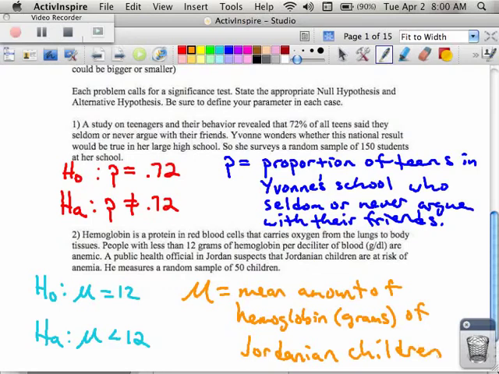So the null hypothesis is saying, hey, this is what they're saying. It's 12 grams, and we suspect that it might not be for these children, so we say less than, because that's when you get anemia.